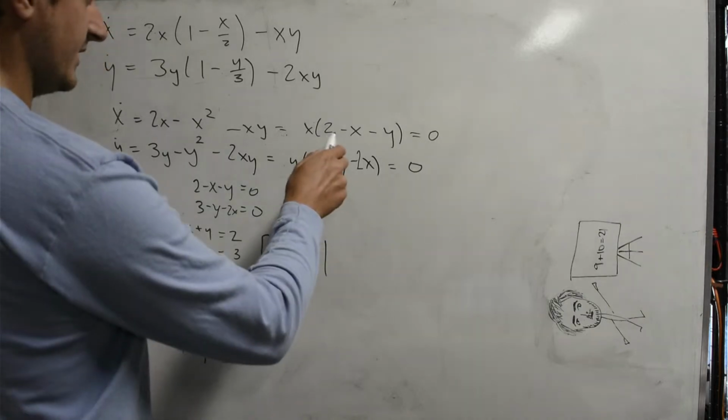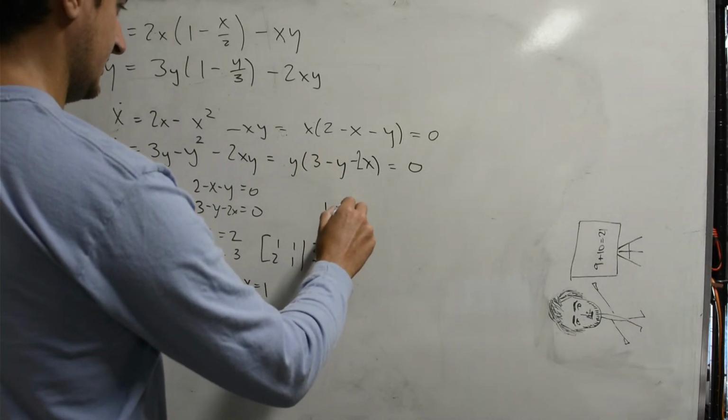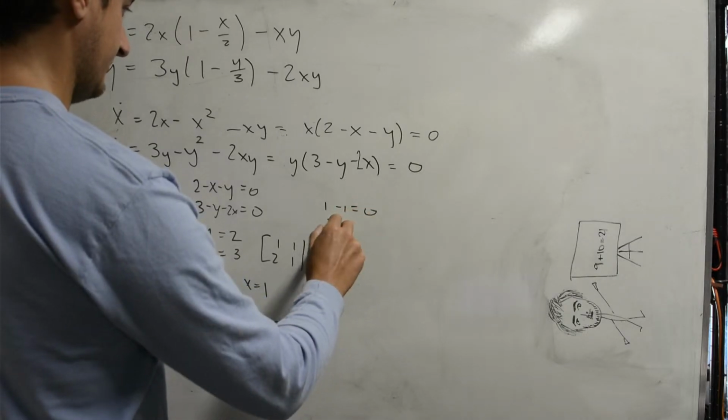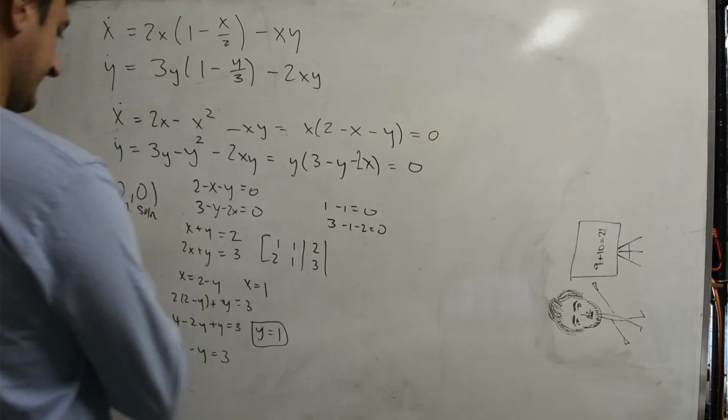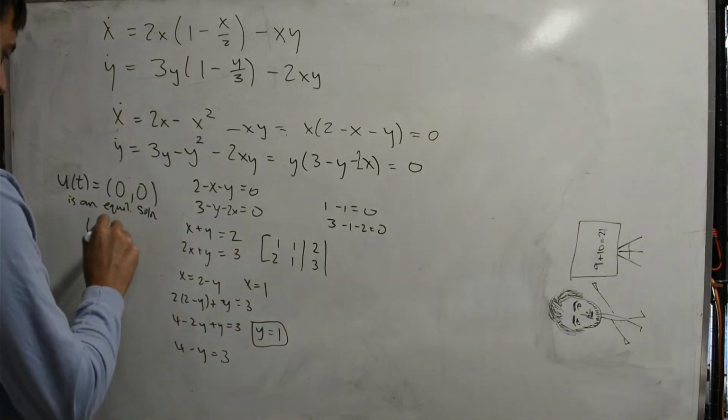Let's see. If x equals 1, we get 1 minus 1 equals 0, and then we get 3 minus 1 minus 2 equals 0. Okay, so then we have 1, 1 is another equilibrium.